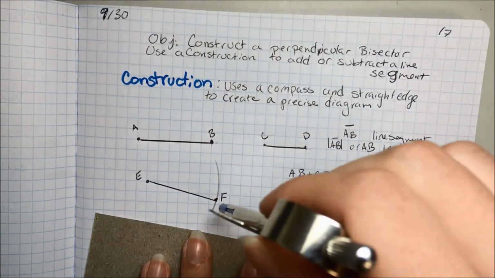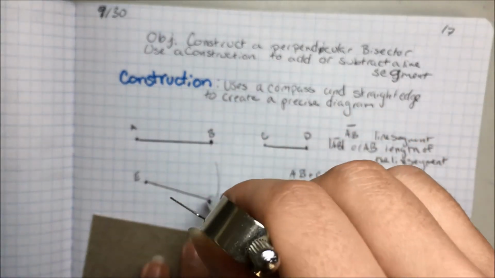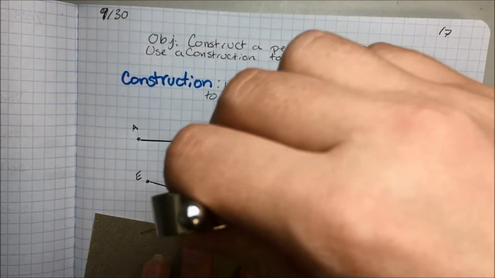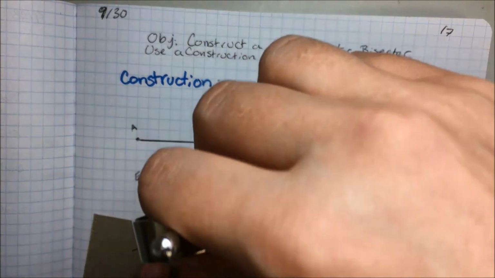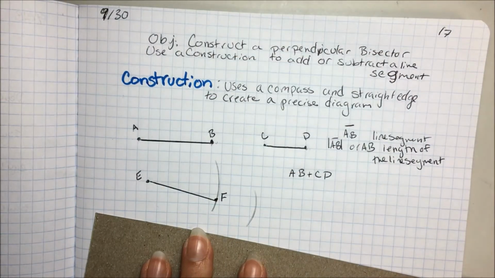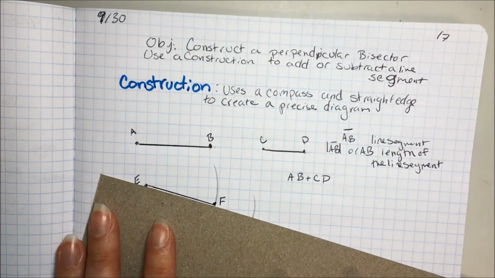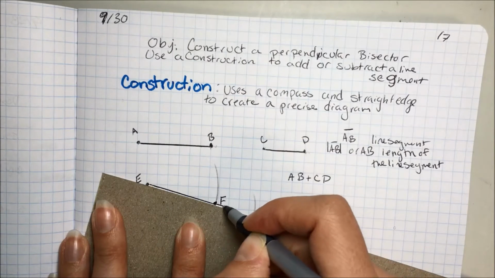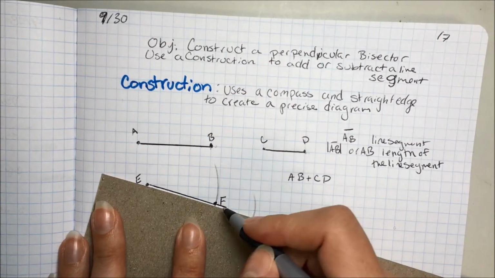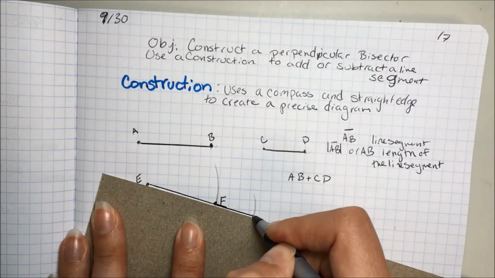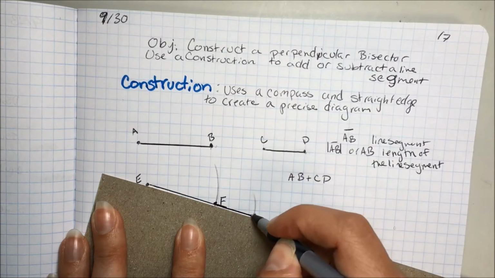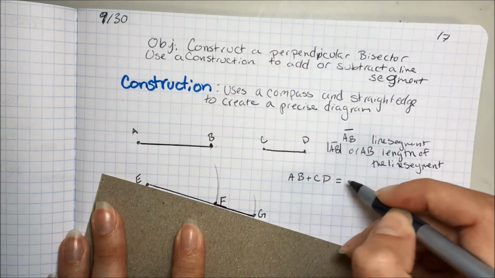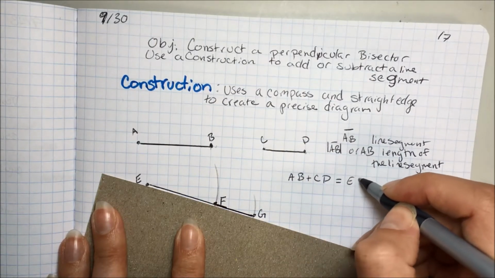Okay, and again I'd put on that point F, and I'm using that radius CD to make another arc. And I'd align my straight edge with EF, and then I would extend EF out to the arc, G. So AB plus CD is EG.